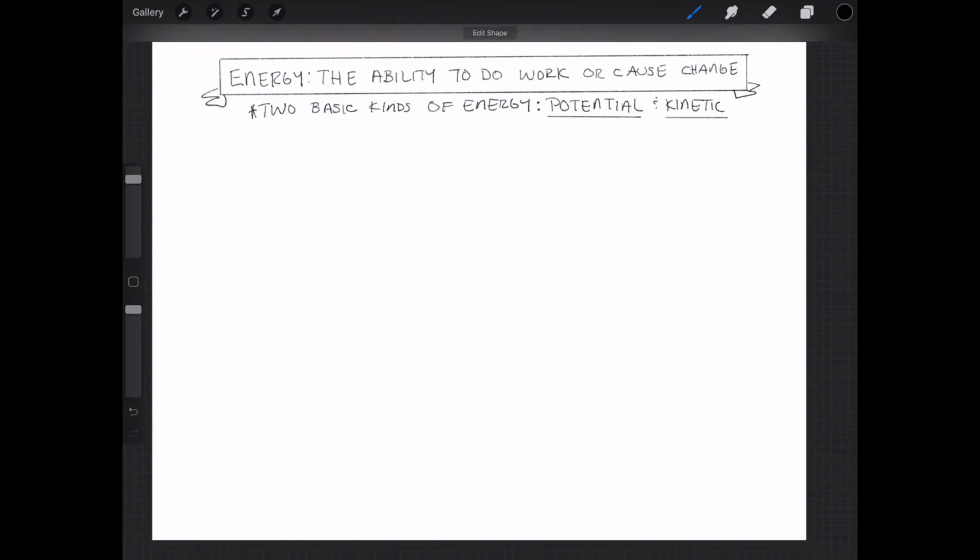Now, let's talk about potential and kinetic for a second here. So we're going to imagine that I can skateboard. I really can't, but let's pretend for a second that I can. And here I am on my skateboard.